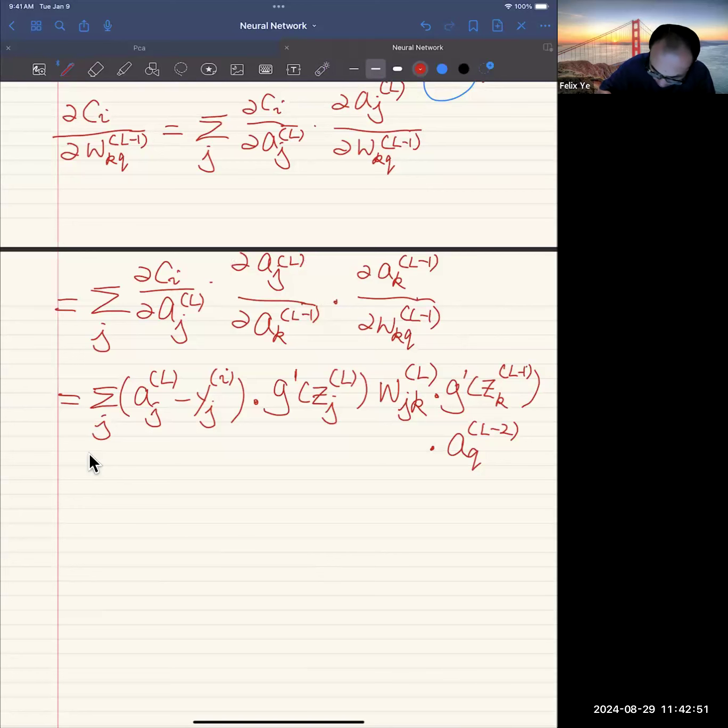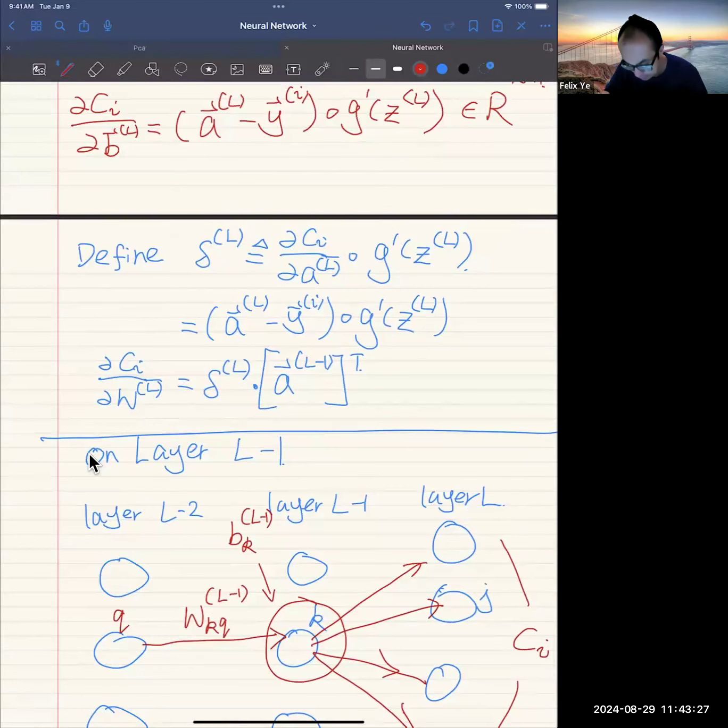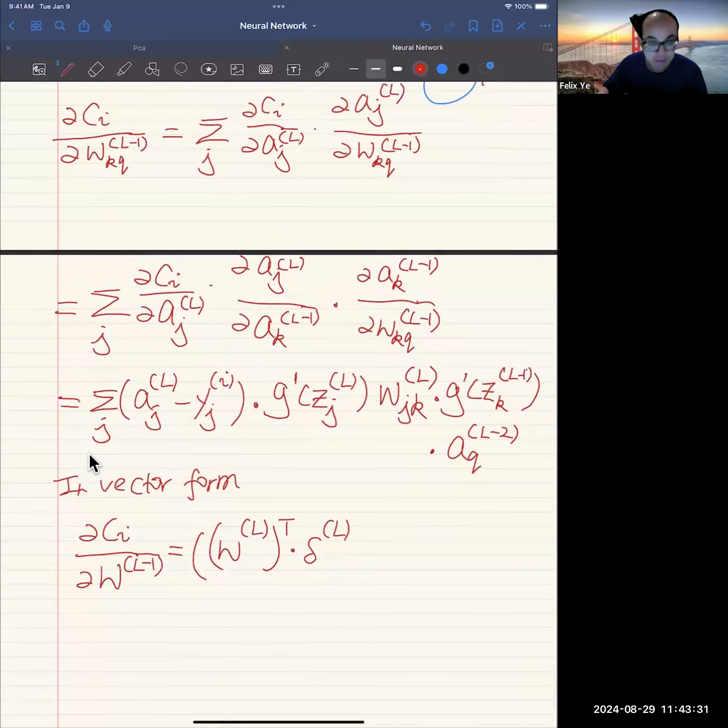In vector form, partial C_I, partial W^(L-1) is W^L transpose, delta^L, and we already used this formulation and this delta already. Then delta^L evaluated at Z^(L-1). So this is an element-wise product.